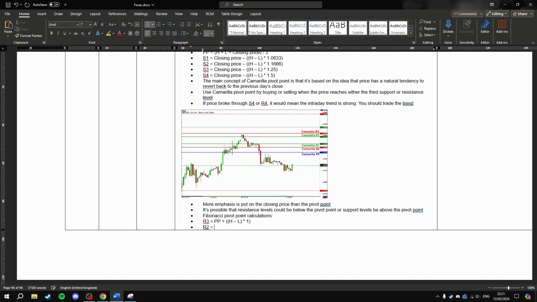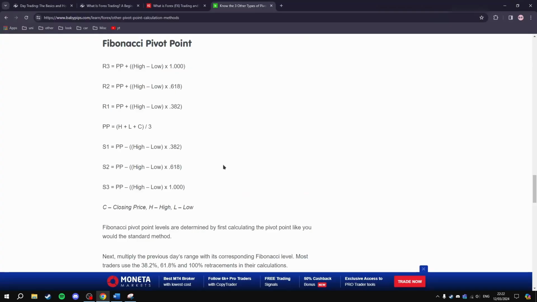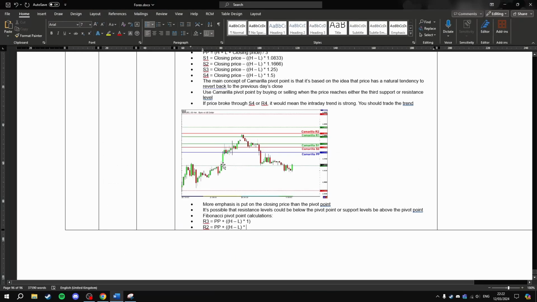R2 is equal to PP plus H minus L times by 0.618, so the Fibonacci numbers.